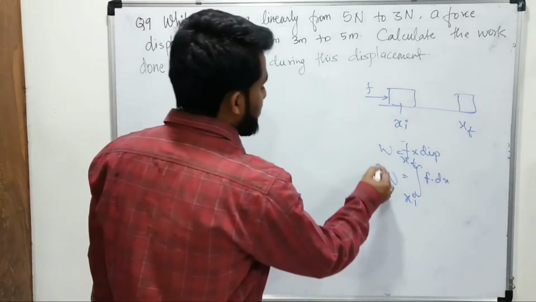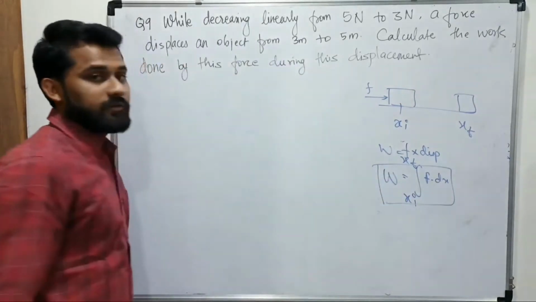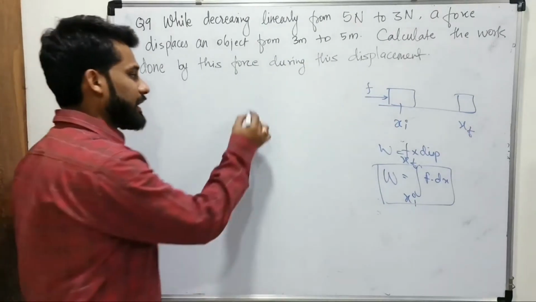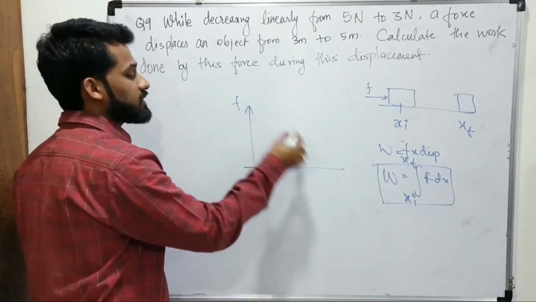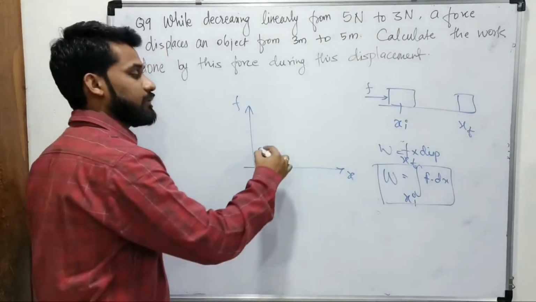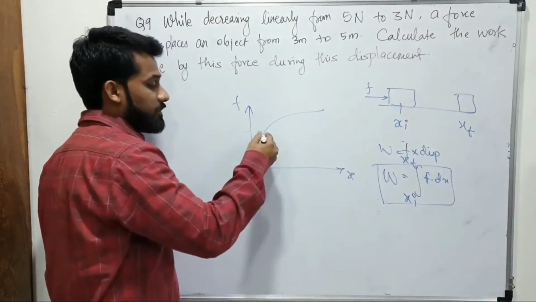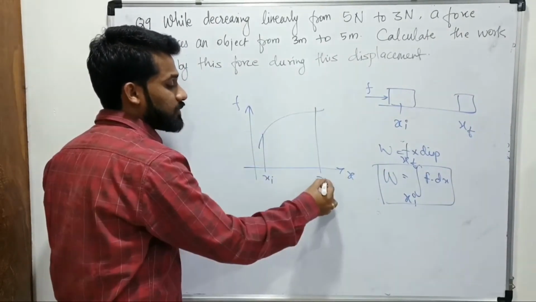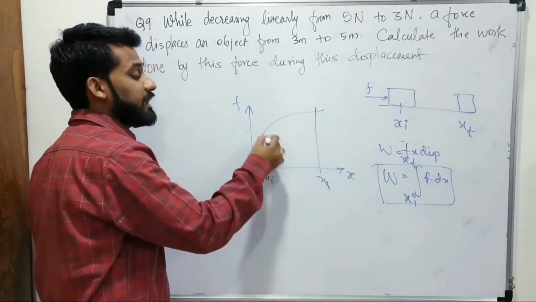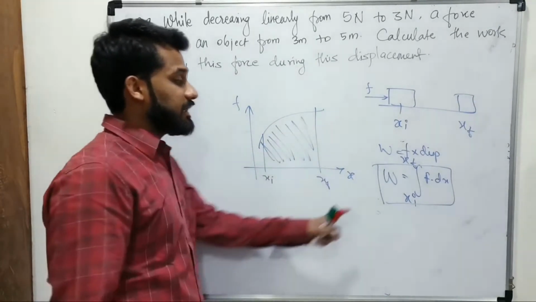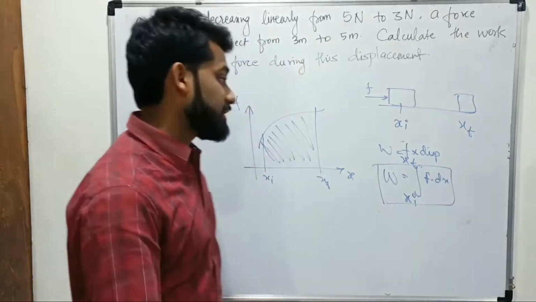Okay, so integration is one way of solving the question, or the other way is calculating the area under the force displacement graph. So if the force displacement graph is a curve, then integrating it from initial position to final position is nothing but finding the area under the curve. Remember, integration is nothing but finding the area under the curve.